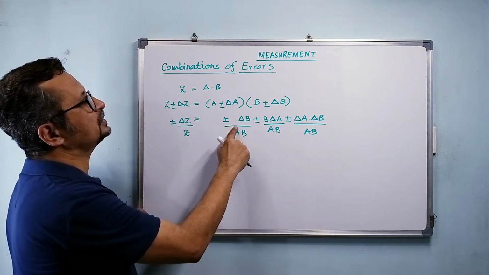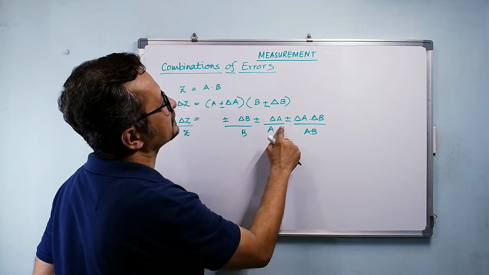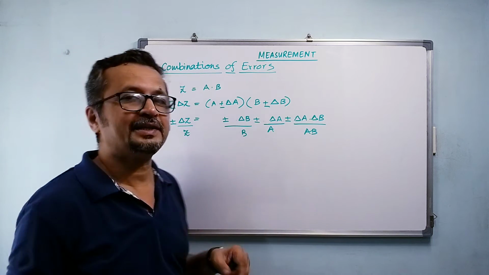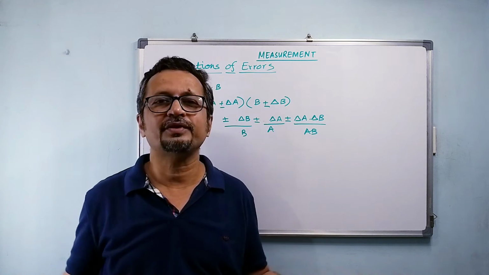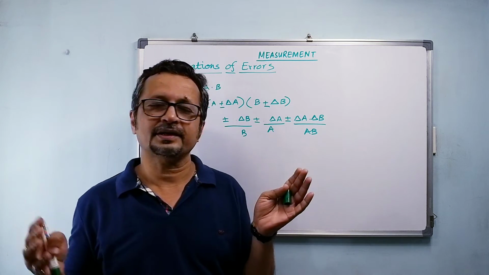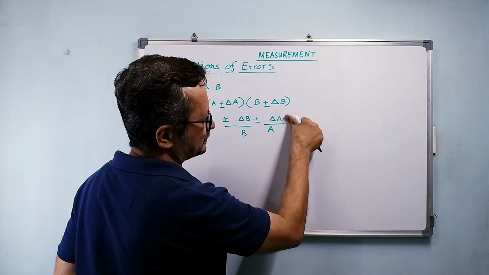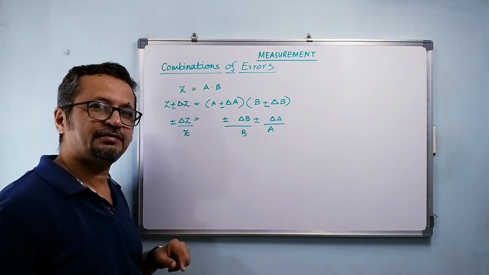This A is gone, this B is gone. My delta A and delta B are both very small quantities, so their product is going to be even smaller, correct? So I'll simply ignore this.